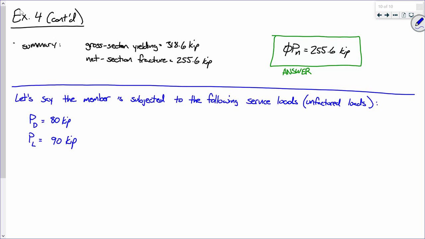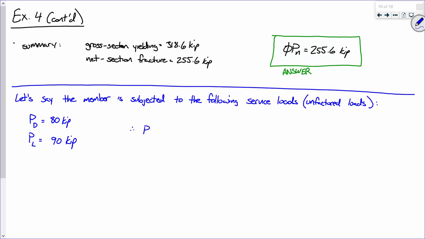If I give you a dead load and a live load, what do you think we ought to do with those loads? Factor them. And what's the load combo that we used off our last homework and one of the ones we're going to use throughout the majority of the semester? There we go, 1.2D plus 1.6L. So let's calculate that out.